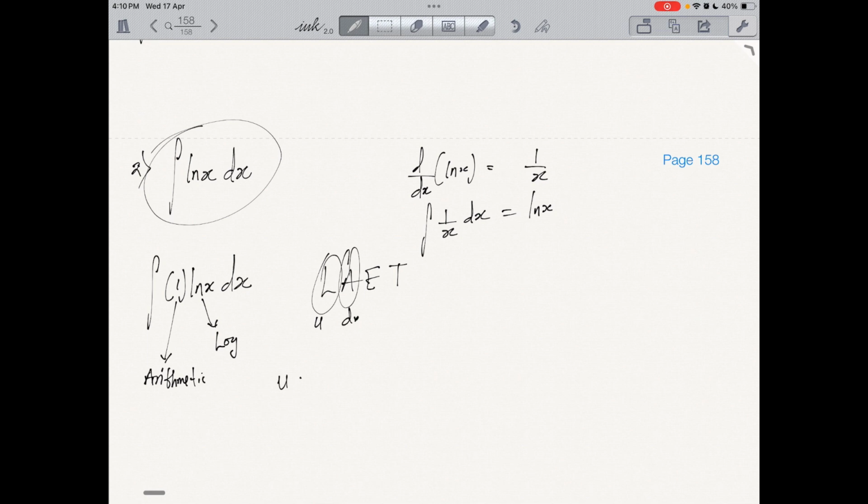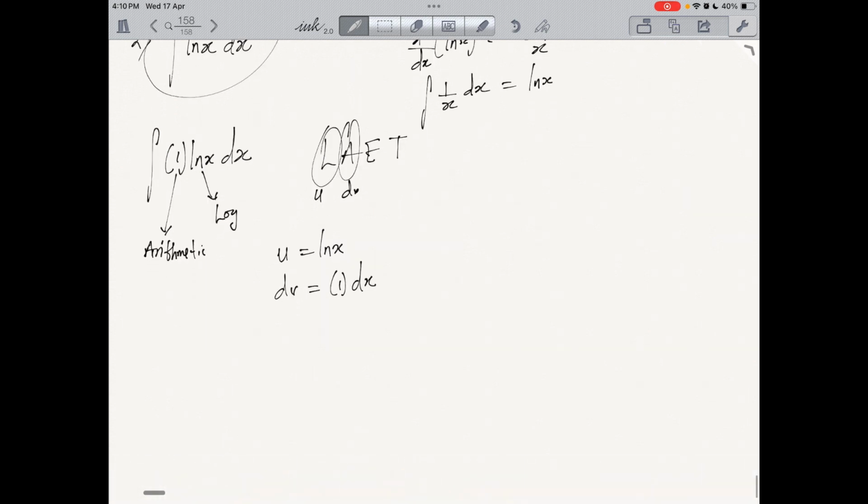Therefore, we are saying that u is equal to ln x and dv is equal to 1 dx. If u is equal to ln x, our du/dx is equal to 1 over x, and our du rather will be dx over x.